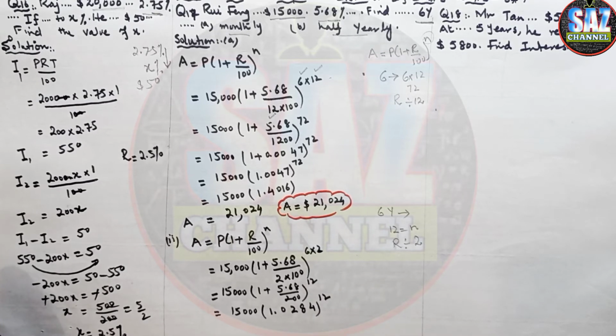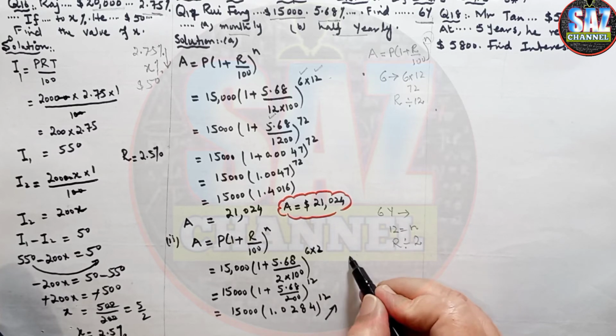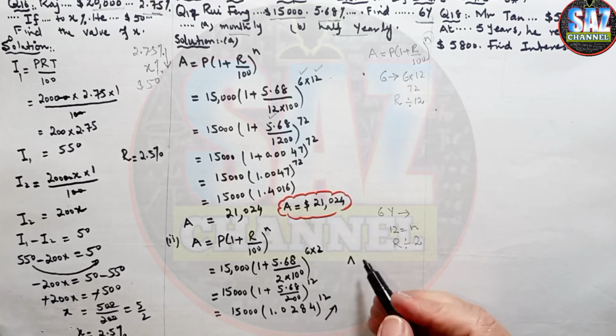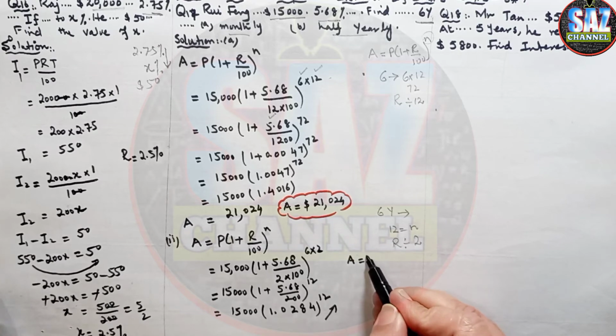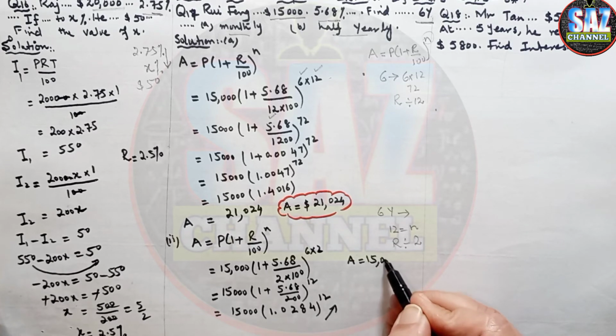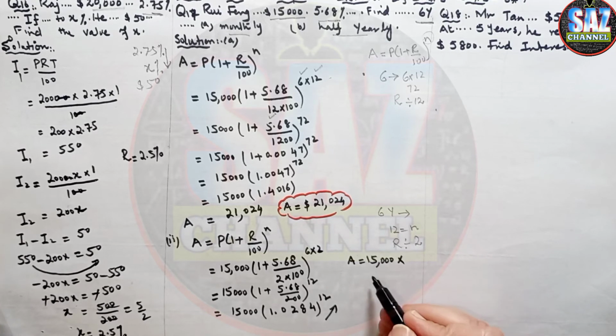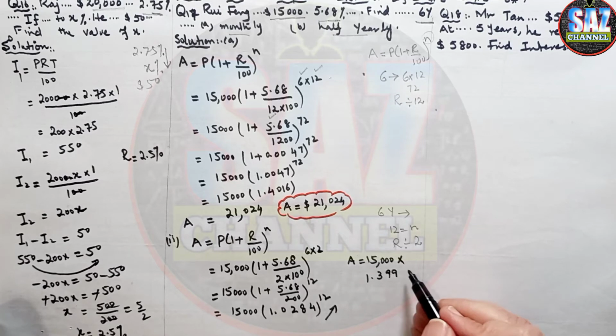I have to take the power 12 of this number, 1.0284, close the bracket, and raise 12, and this will give me 1.3994. So amount equals 15,000 multiplied by 1.3994.